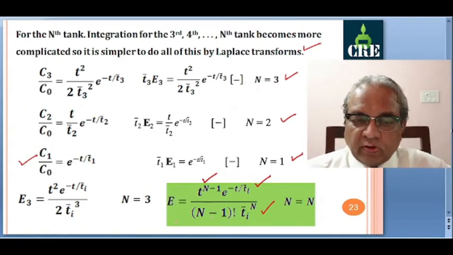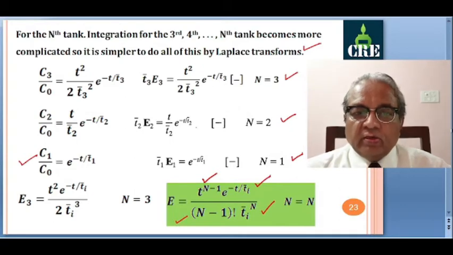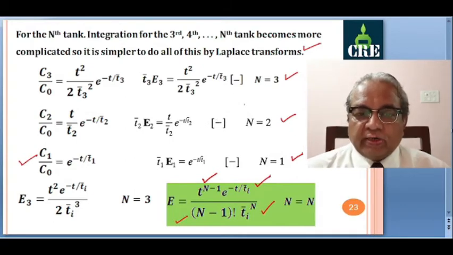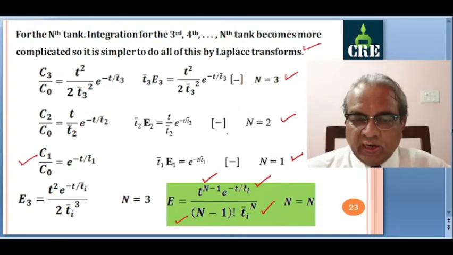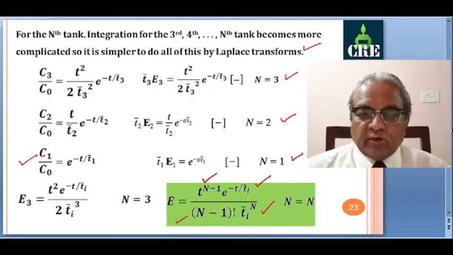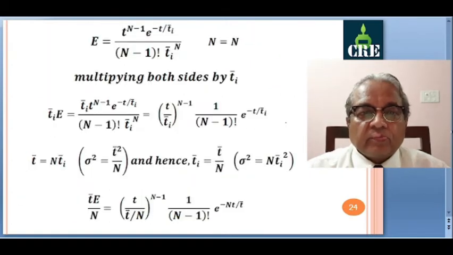So I can write these terms, and for fourth tank, fifth tank, this will be valid. So simply what you have to do is, if you want to write for fifth tank, this will be 5 minus 1, T raised to 4. Here 5 minus 1, that is 4 factorial, and this will be Ti bar raised to 5. So you can write like this.